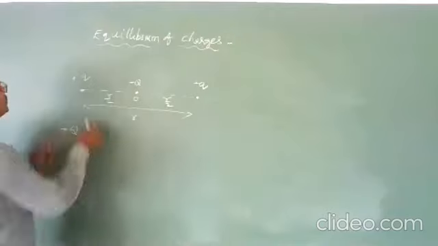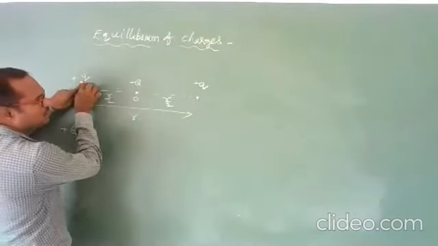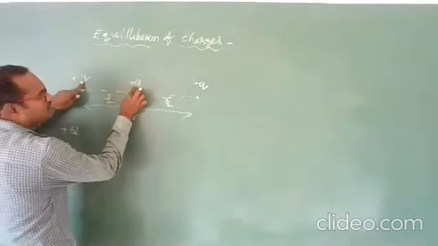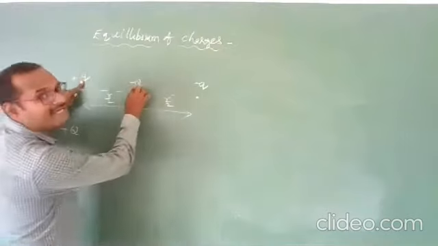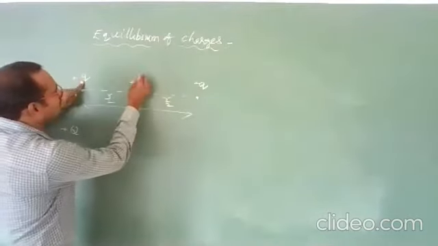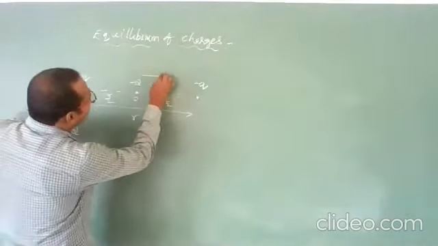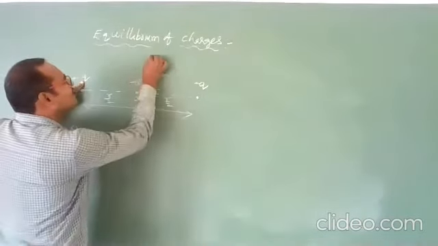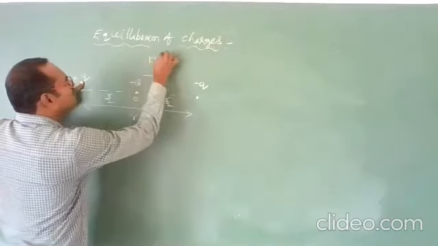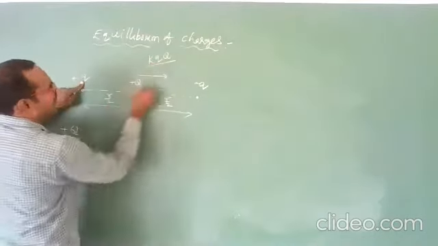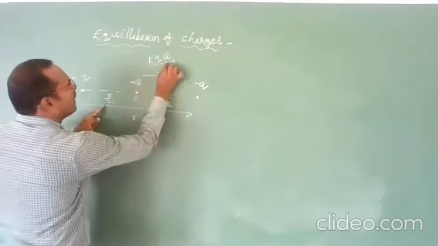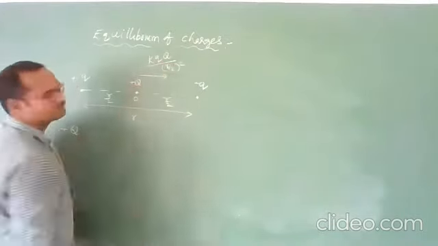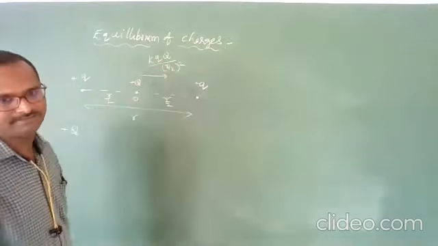Now, due to this Q, on this plus Q charge, which type of force will be there? Repulsive force, in this direction. How much is it? The value is KQQ divided by R by 2 whole square, in that direction.